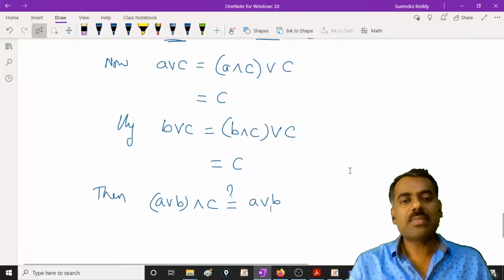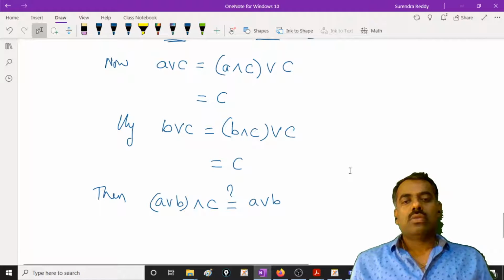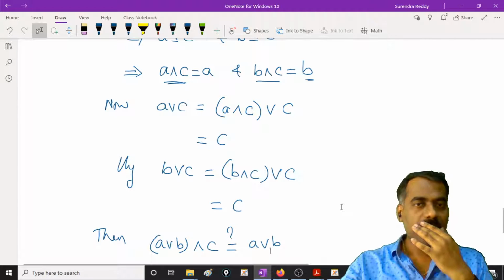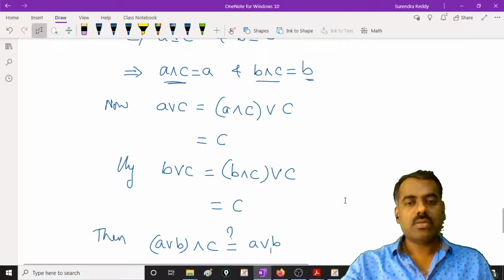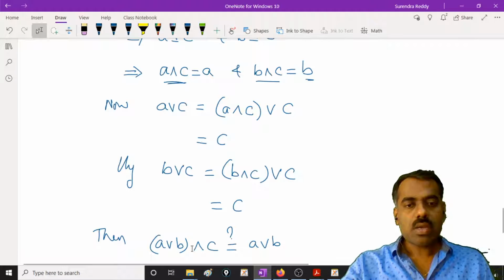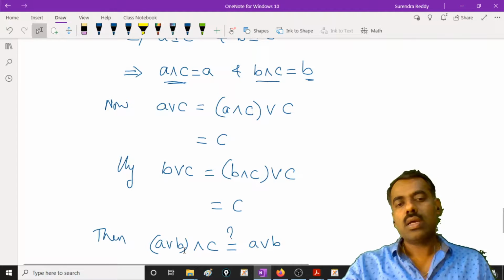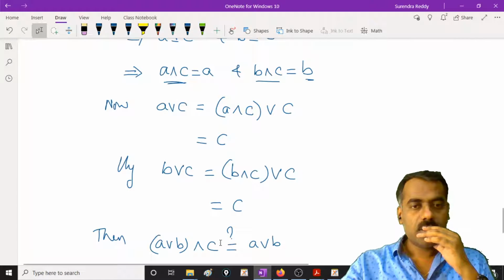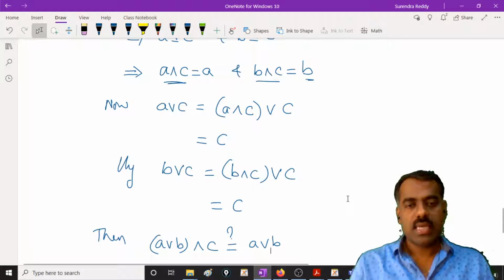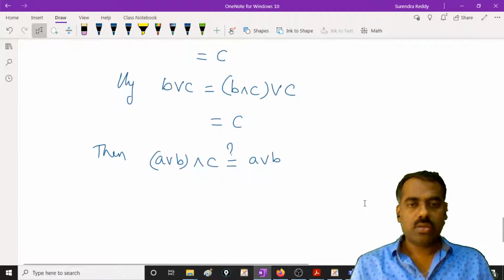Then A join B will become less than or equal to C. Suppose you try to, yes. So this is how we can prove.